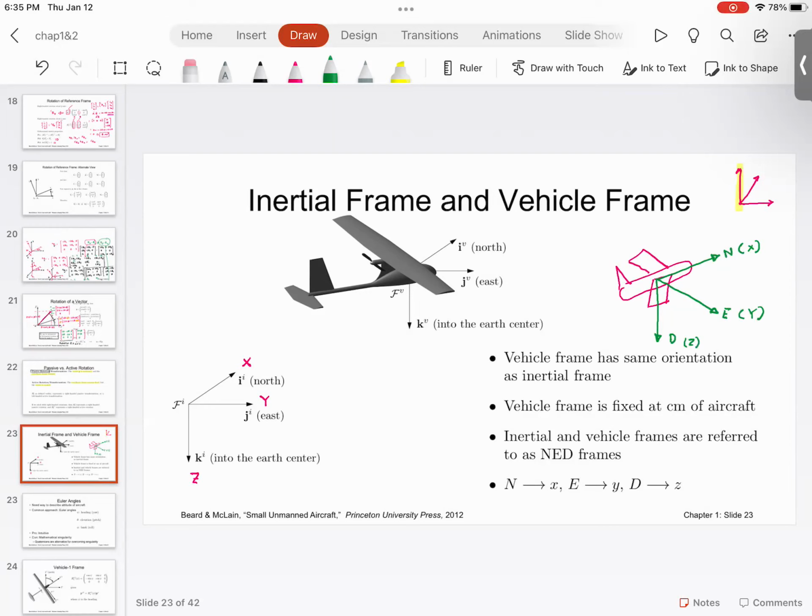So the rotation about these individual axes: if you look at down, the rotation about down, curl your fingers in the down direction, you will see this positive rotation is nothing but the yaw of the aircraft. So if the aircraft is yawing or turning, it will rotate about the down or z direction. If the aircraft is pitching up, it would have rotation about the east. So the rotation about east is pitch.